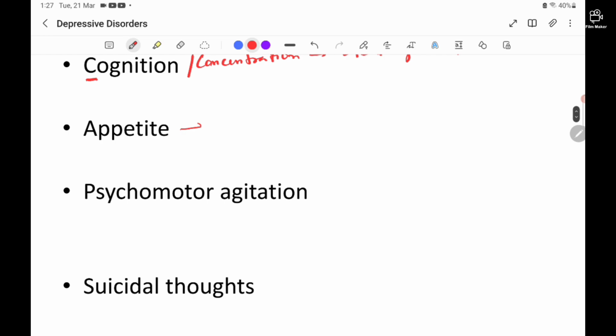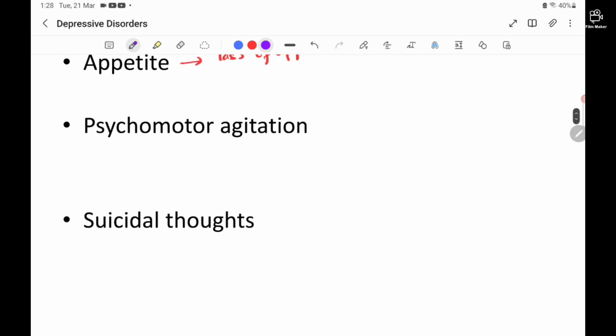Then there is a change in appetite. Here in depression, two opposite things are seen, but both are seen in different patients. There can be weight gain and there can be weight loss.